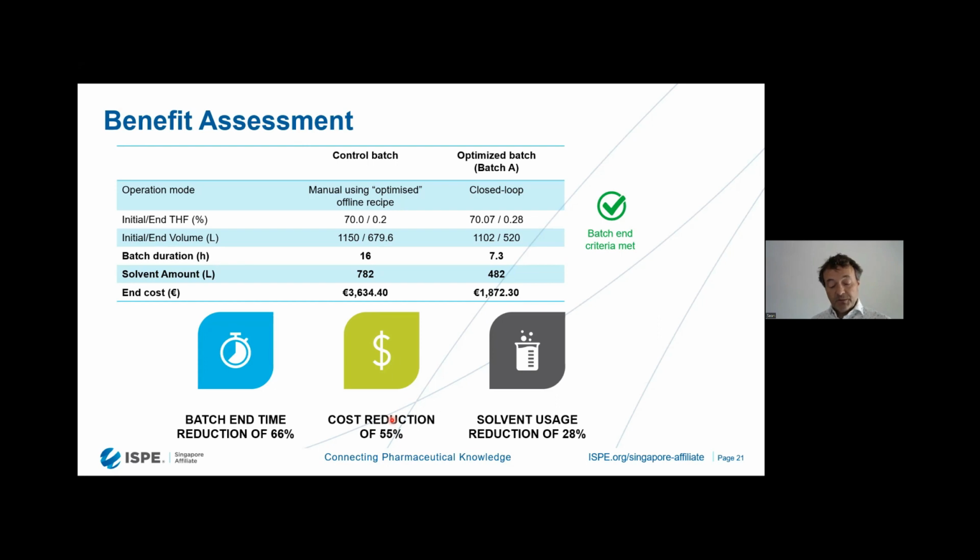It's also interesting because if you want to try new techniques like nonlinear model predictive control, it's easier to try it on a solvent swap than on the final API crystallization, because of course that is going to be much more critical for final API quality. So this is a good environment because in most cases, solvent swap does not have a significant effect on the final API quality. Okay, so that's the first case study.